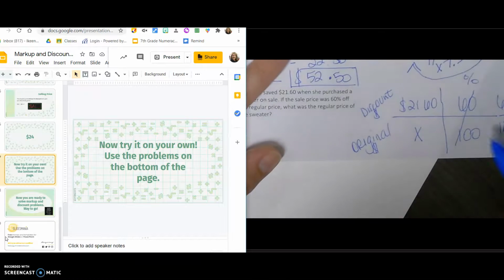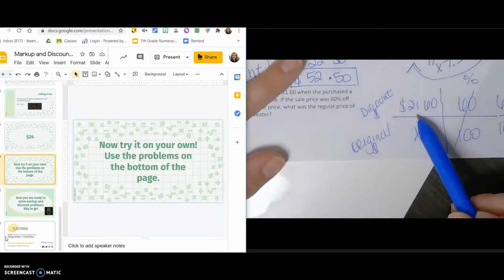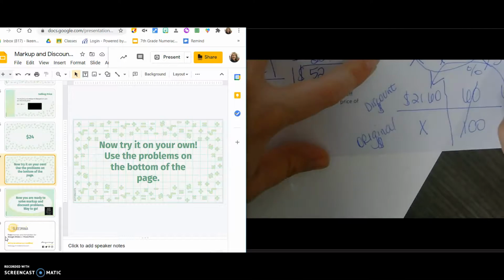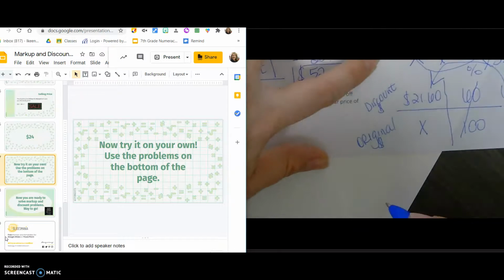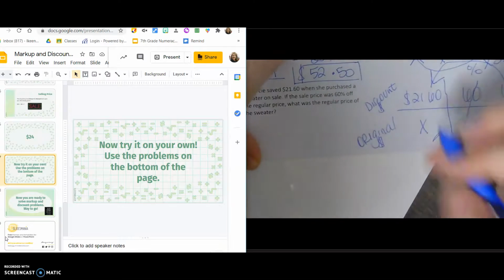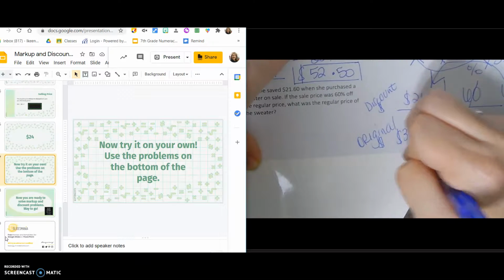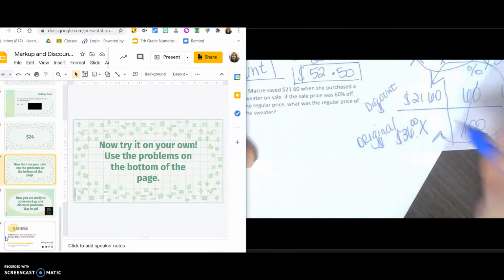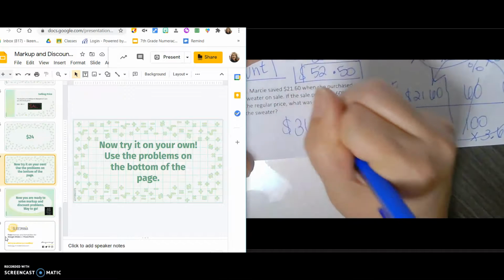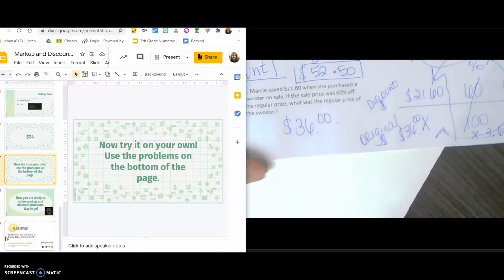Okay, and then in order to get from 6 to $21.60, I am going to multiply by $3.60, and I would do the same thing down at the bottom. 10 times $3.60 is going to give me $36. So the original price of the sweater was $36.